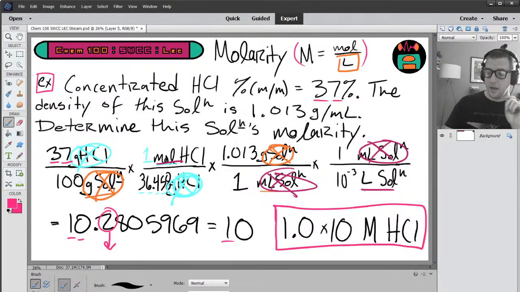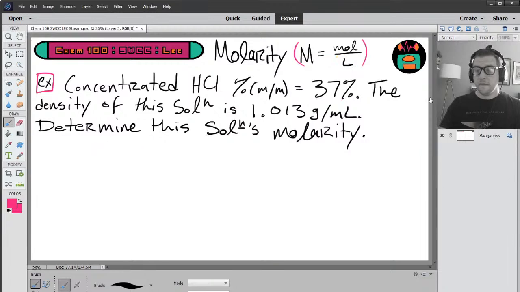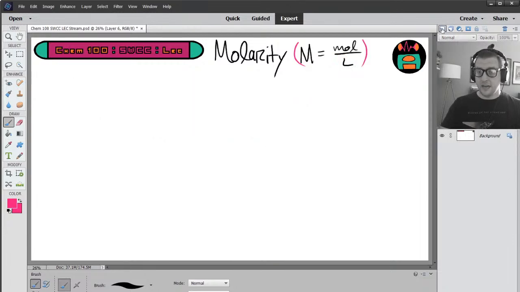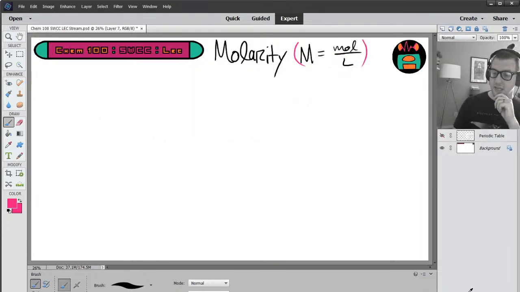All right. But there are other types of examples we can do that involve molarity. Examples like the following.